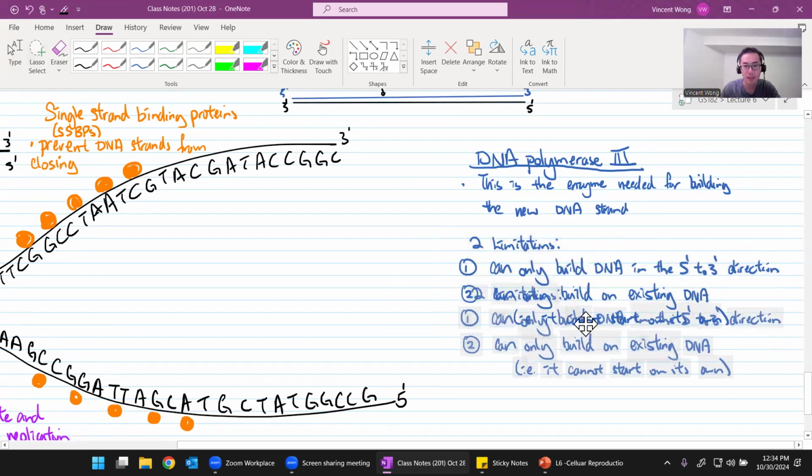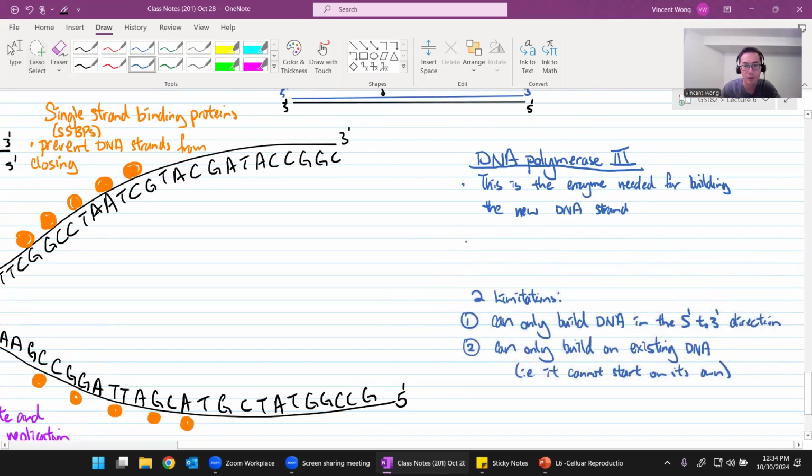I'm just going to move this down. If you have room in your notes, you can say the DNA polymerase 3 uses the parent DNA as a template to build a complementary strand.